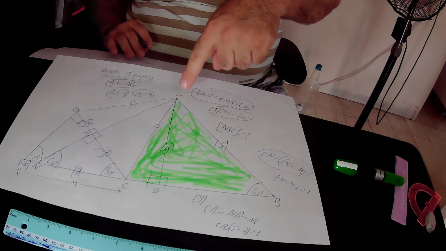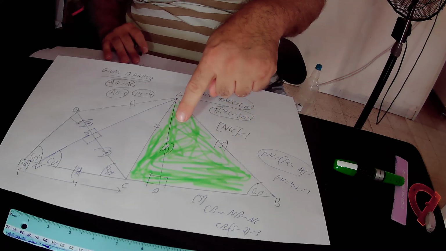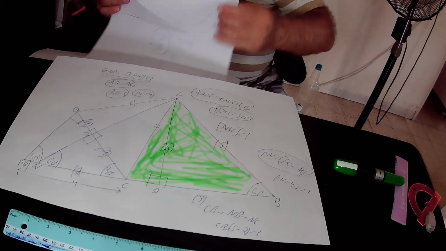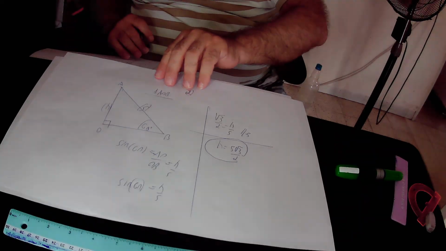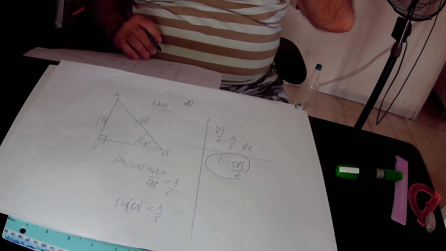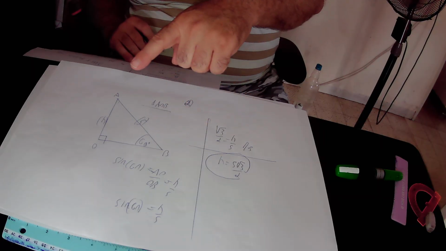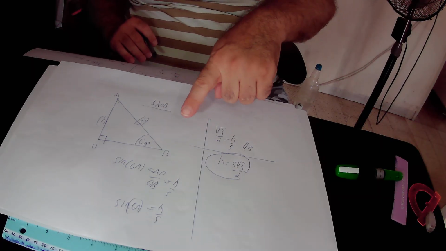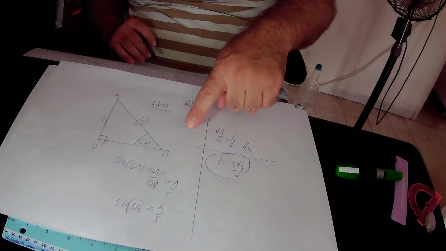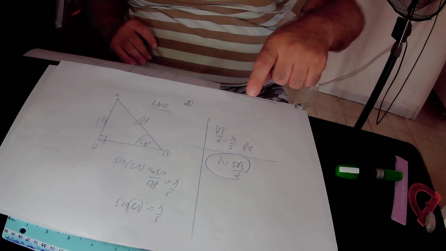In the next step, I'll calculate the right triangle AOB on a new page in order to find out the value of AO. This is the right triangle AOB according to the original drawing. In this triangle AOB, sine of 60 degrees equals AO over AB. AO is h, AB is 5, so in total sine of 60 degrees equals h over 5.